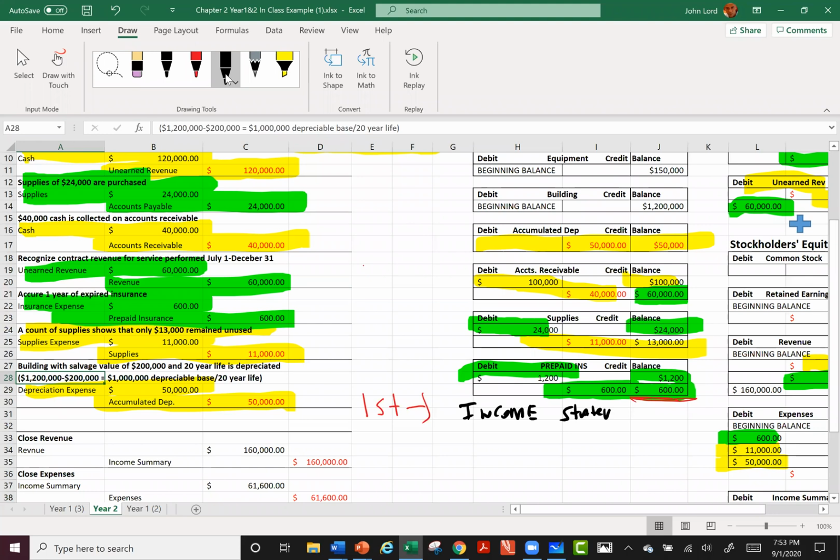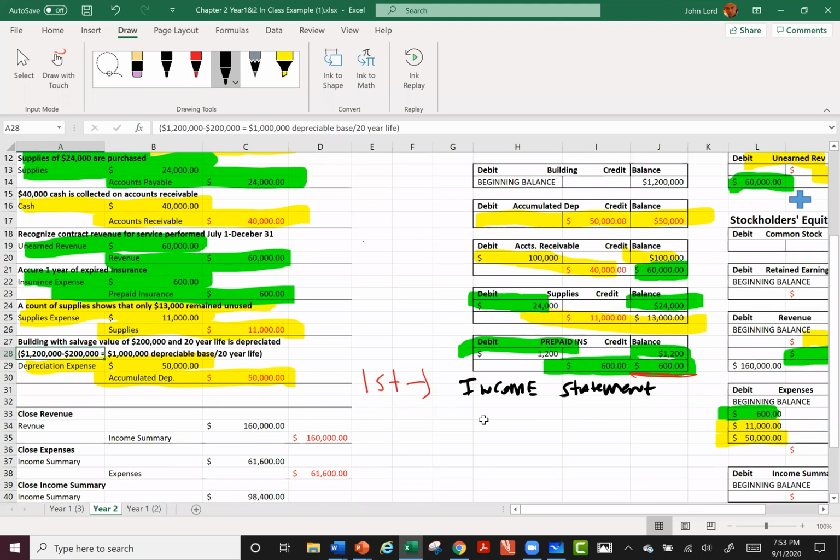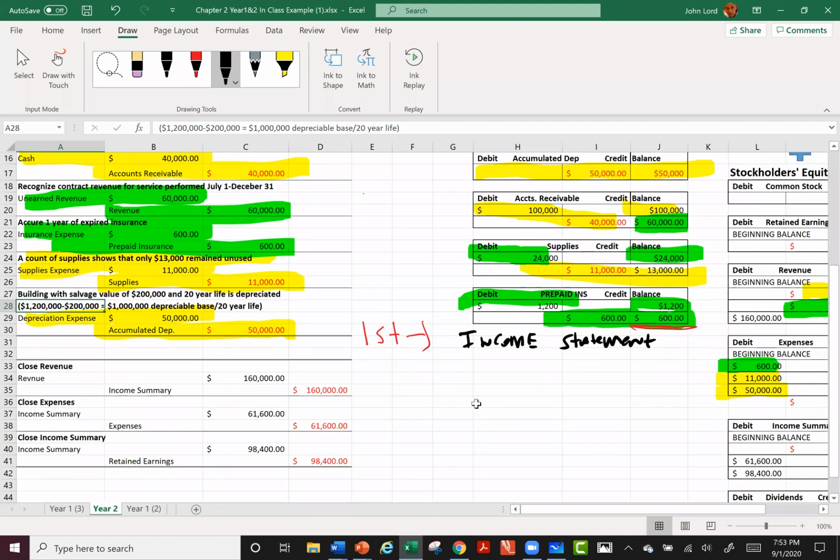What do we put on the income statement? Net income. Good. Beautiful. How do you calculate net income? Revenue minus expenses. Good. Do we have any revenue?